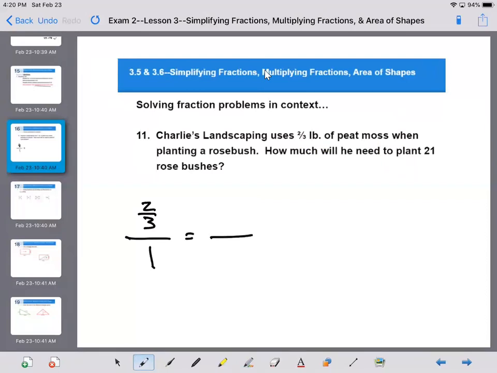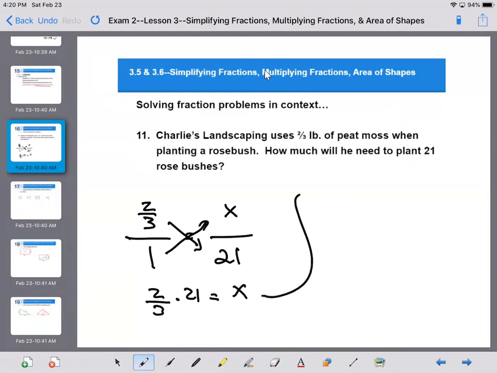And he's just trying to figure out how many he needs for 21 bushes. So you could use a proportion here. This would be 2/3 times 21 equals X. And then over here, you would multiply your fractions, remember? So that's 21 times 2. So that's 42 divided by 3 is equal to X.